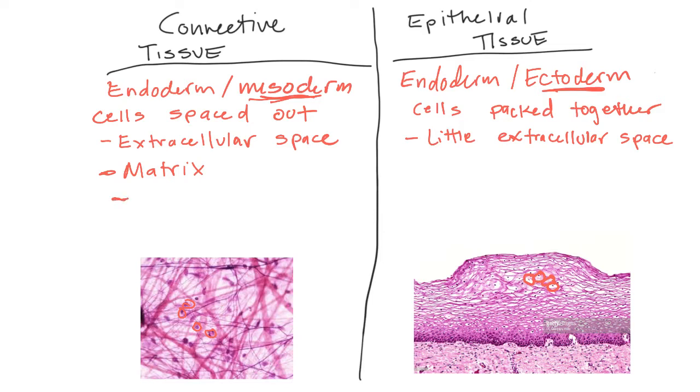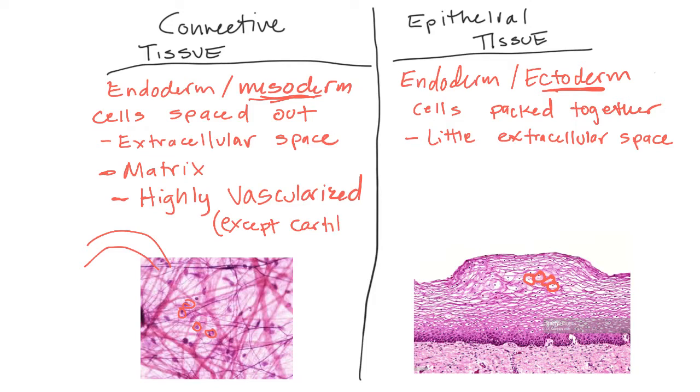Connective tissue also is highly vascularized. What does that mean? Right, lots of blood. Except for cartilage does not. So cartilage acts a lot like epithelial tissue in that it receives nutrients from a blood supply that's far away.